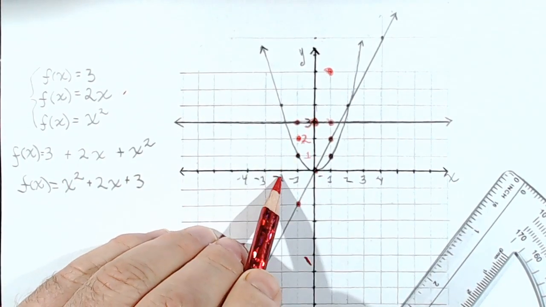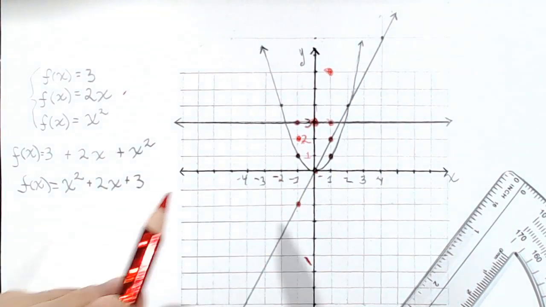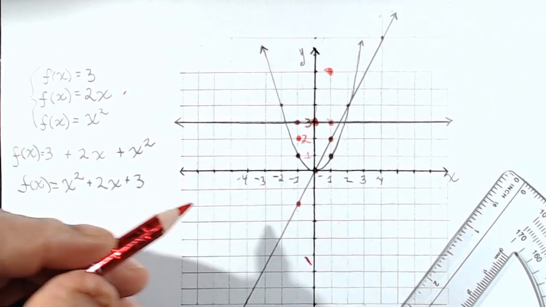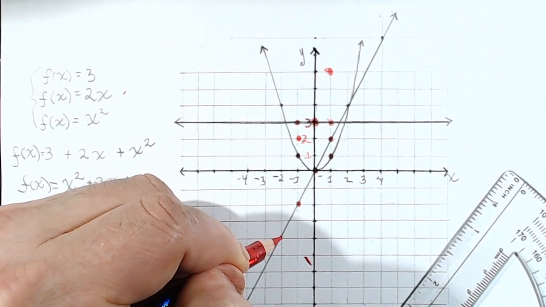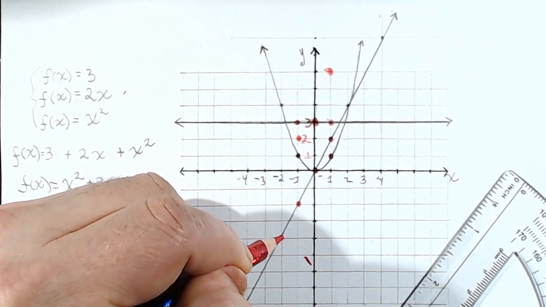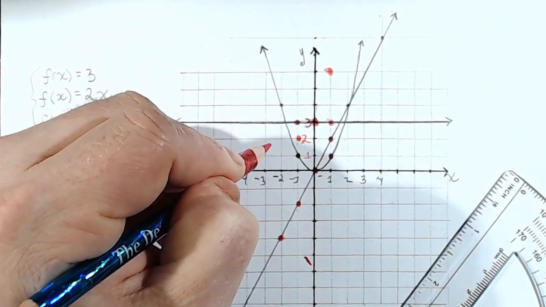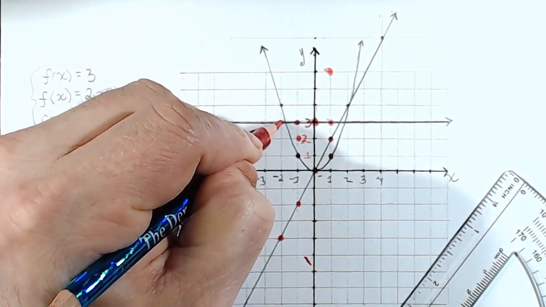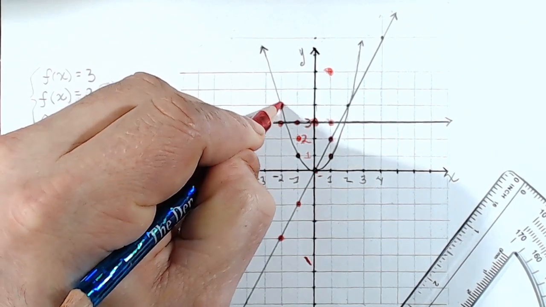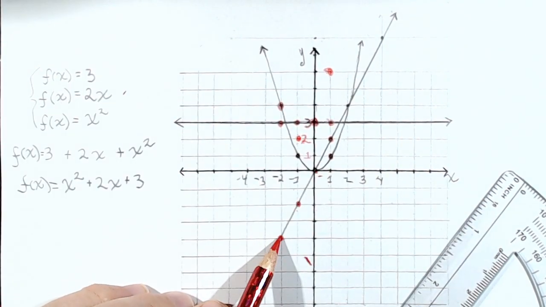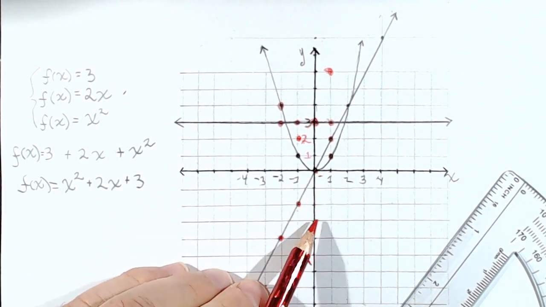Well, let's keep going. Let's look at negative 2. Okay, so at negative 2, where are my lines at? Here's one cross point right here, here's one cross point here, and here's one here. So what is this? Negative 1, negative 2, negative 3, negative 4.